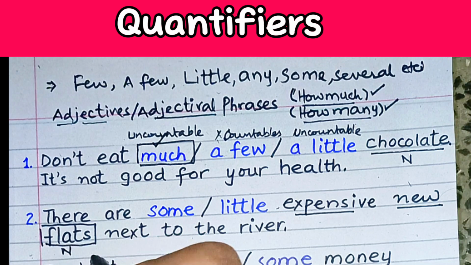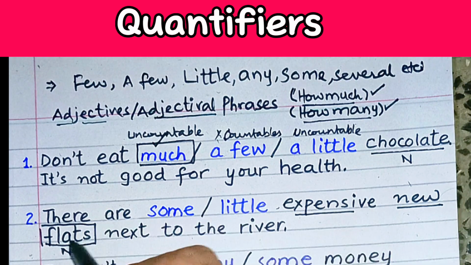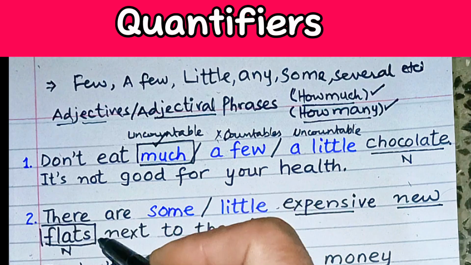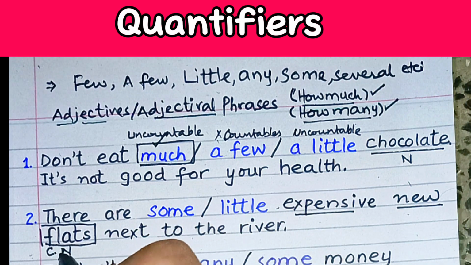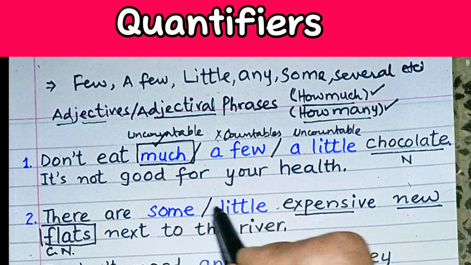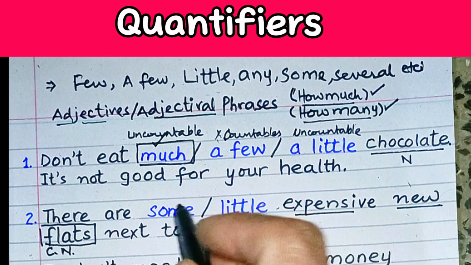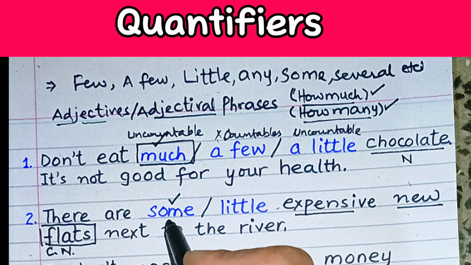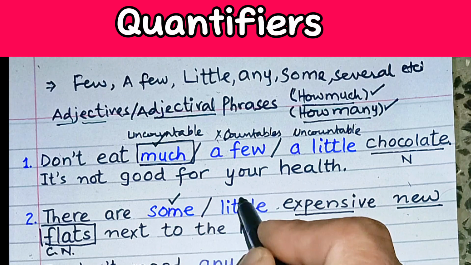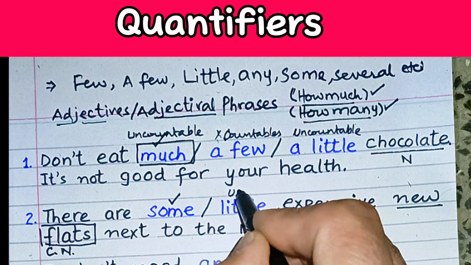Flats is a noun, and flats are countable nouns: one, two, three, four. We can count them. So there are some or little. Which one is going to be correct? Some, because some can be used with both countable as well as uncountable nouns, but little is only used for uncountable.